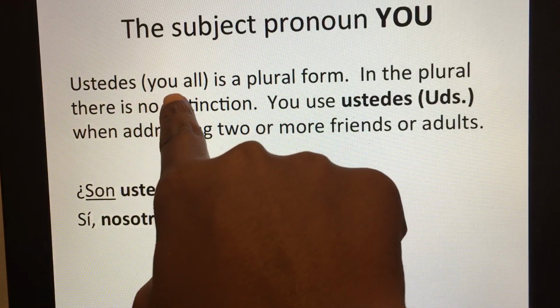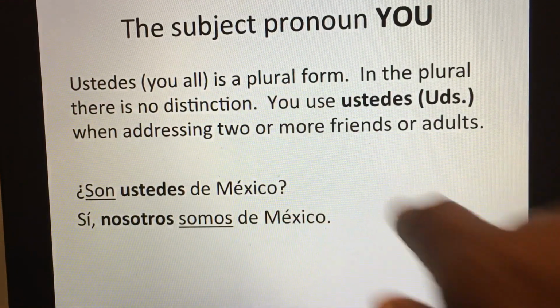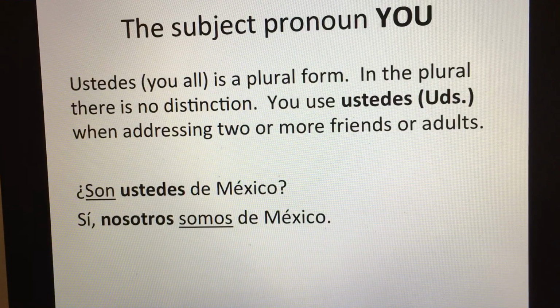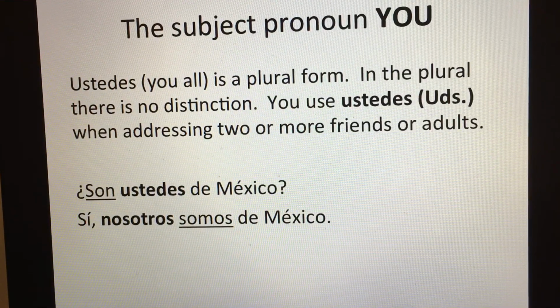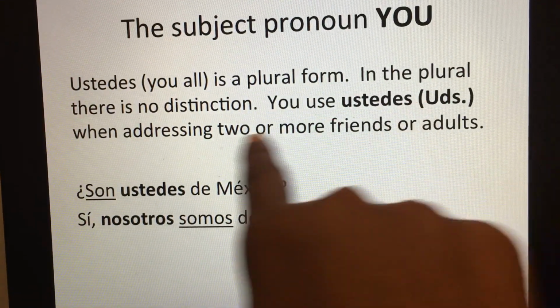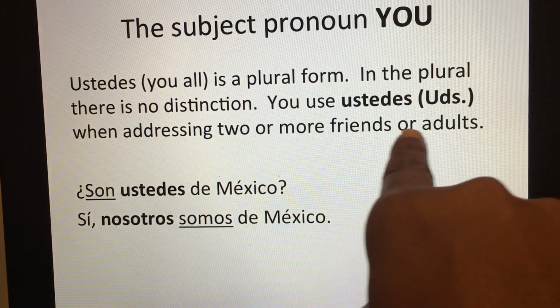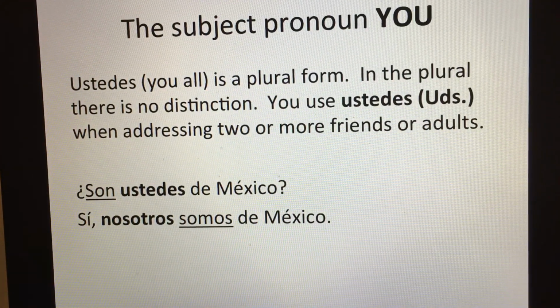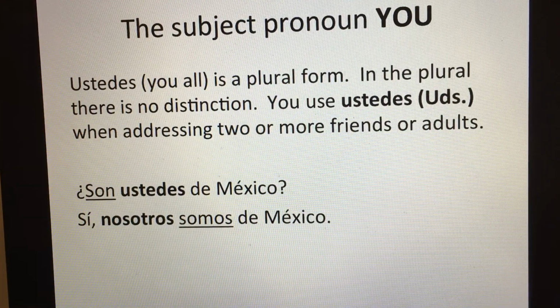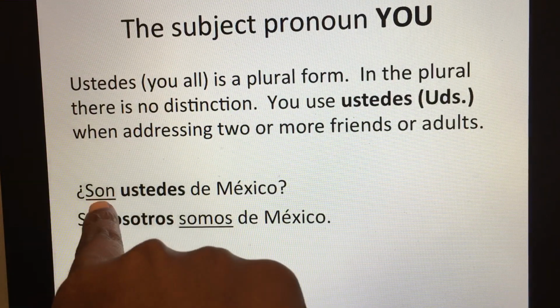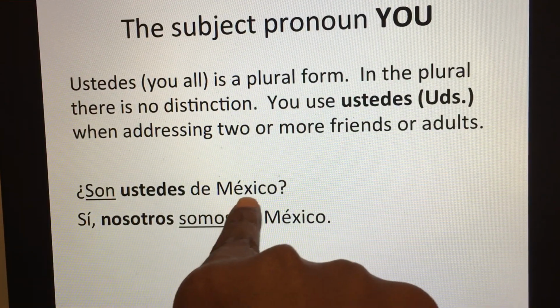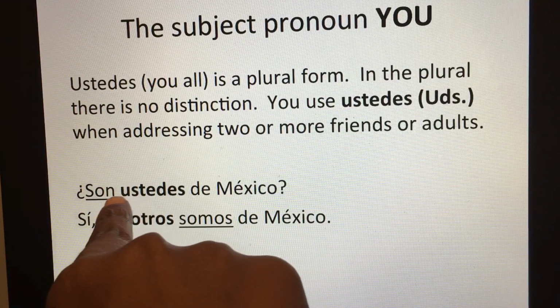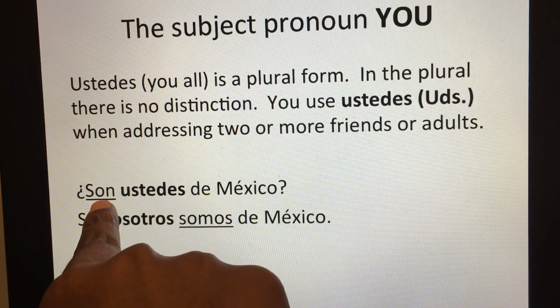Ustedes translates to you all, and this is the plural. In the plural, there is no distinction between male or female. You use ustedes when addressing two or more friends or adults. There's no distinction to whether or not you know them very well or not. ¿Son ustedes de Mexico? Are you all from Mexico? That's what I'm asking.